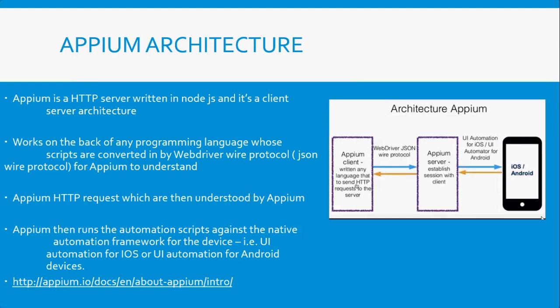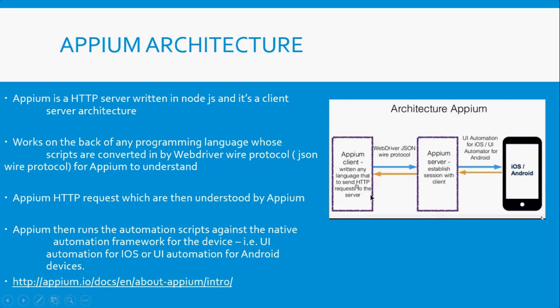So Appium is an HTTP server written in Node.js, and it works on a client server architecture. When we say client server architecture, if you look to the right on my screen, you have your Appium clients, which can be written in any programming language of your choice.